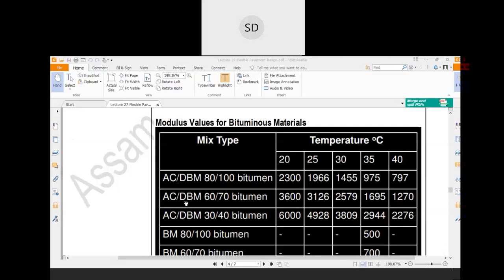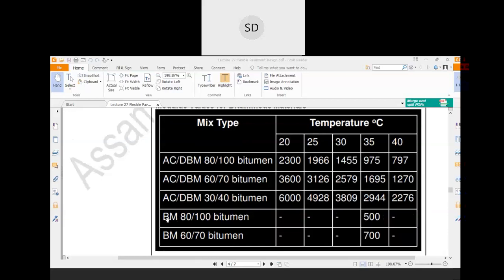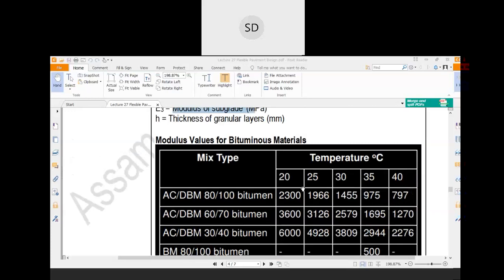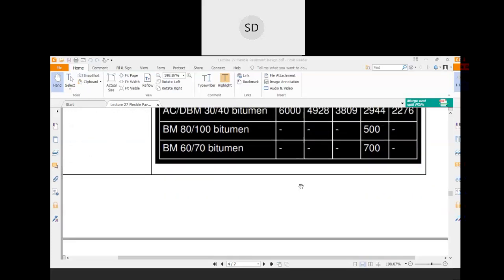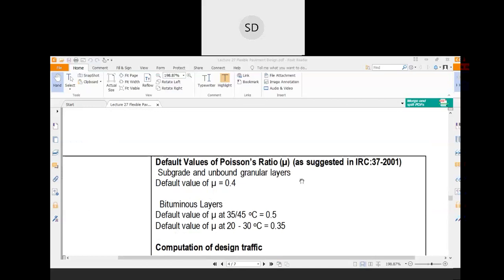Here similarly asphalt concrete or dense bituminous macadam with 60 to 70 grade bitumen. Similarly, bituminous macadam of 80 to 100 grade and bituminous macadam of 60 to 70 grade. For the different temperatures, these are the modulus values.